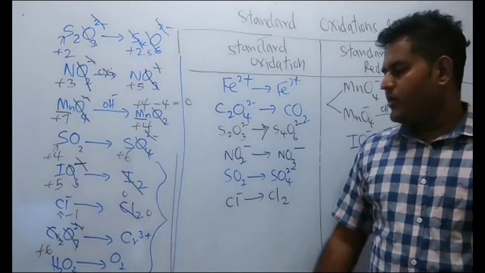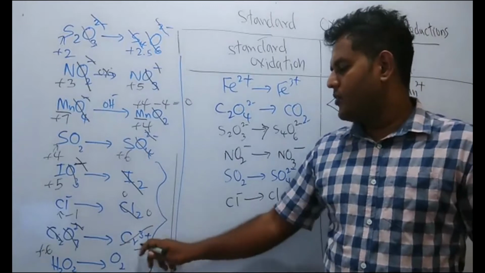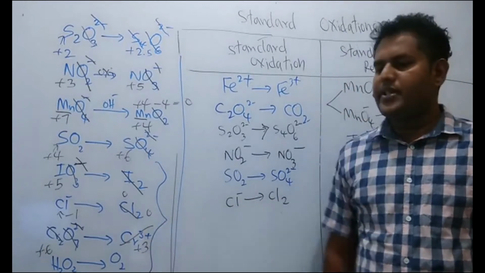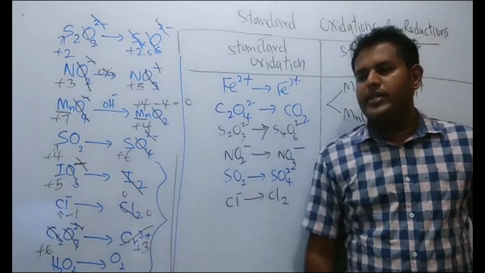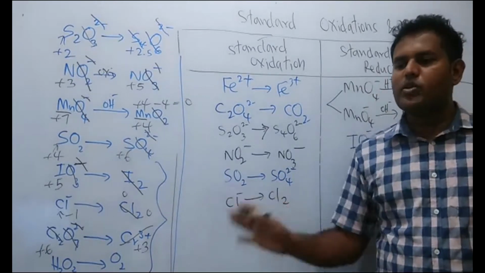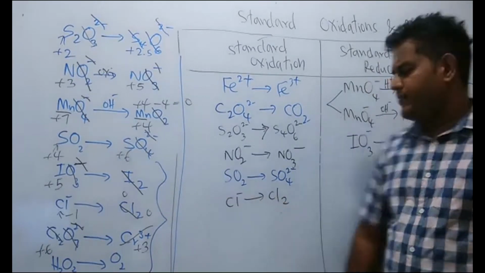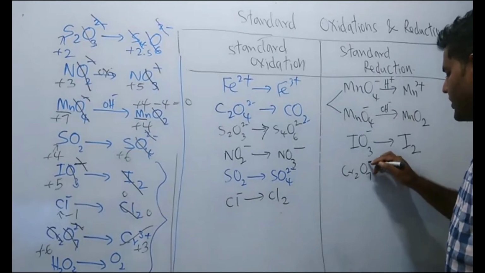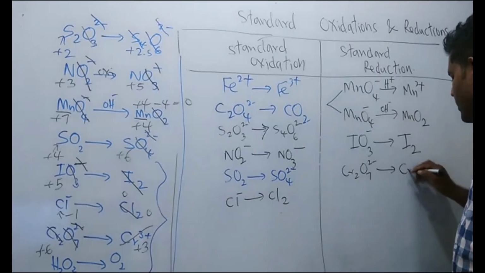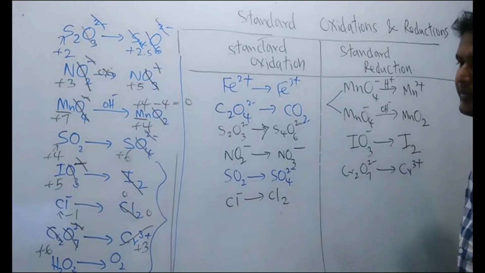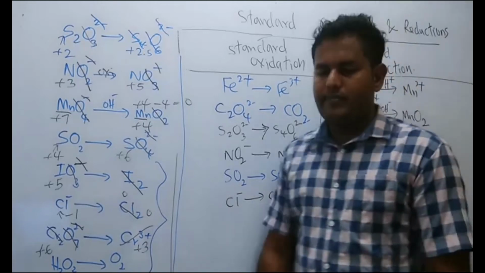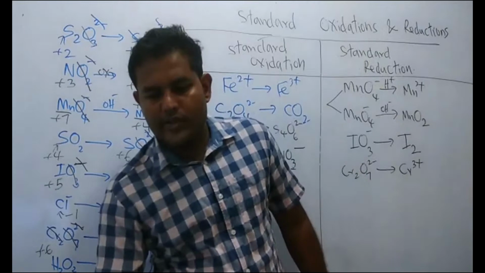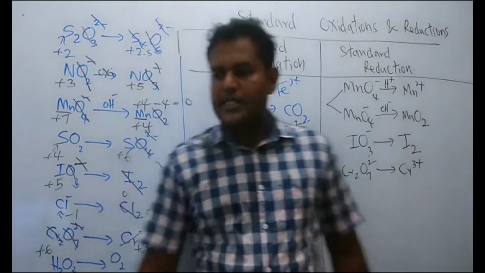Then the other chromium, Cr3 plus: the oxidation number of an ion is equal to its charge, plus 3. So dichromate to Cr3 plus means the oxidation number is changing from plus 6 to plus 3. It's a reduction. Cr2O7 2 minus is converted to Cr3 plus, a reduction.